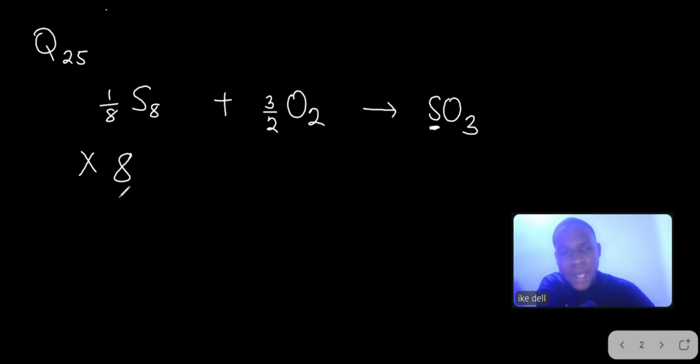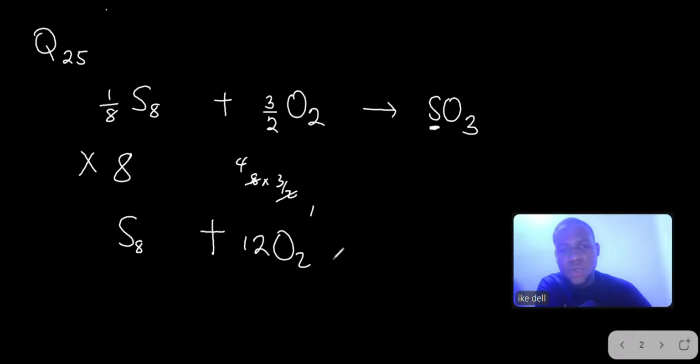So multiply through by 8, and then I have S8, 1 of it, plus, if I use 8 to multiply here, it's like saying 8 times 3 over 2. So that gives me what? 12, right? 12 O2. And then 8 times SO3, of course, will just give me 8 SO3.